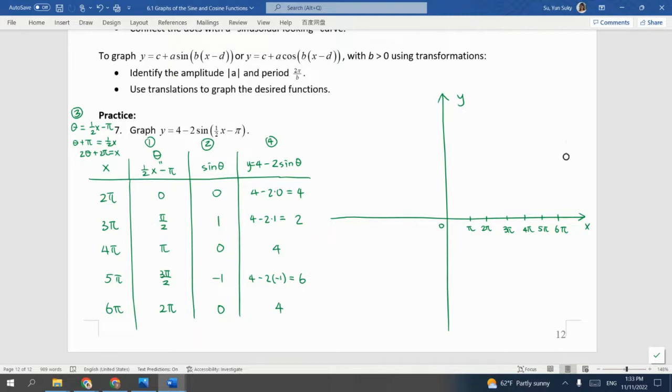Then the y is what? 4. Let's say this is 2 and this is 6. So at 2 pi we get 4 right here. 2 pi, 4. 3 pi, we get 2.